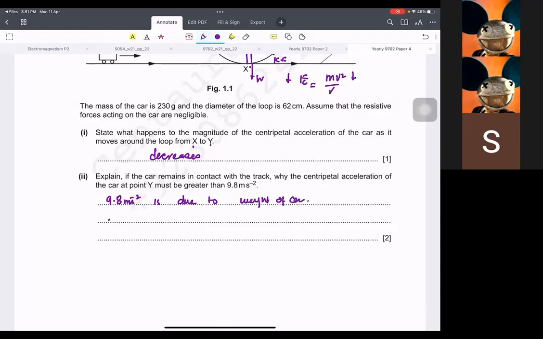So acceleration greater than 9.8 means that the car will stay in contact with the track.